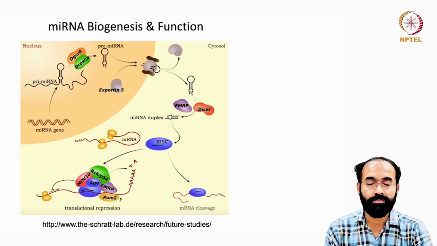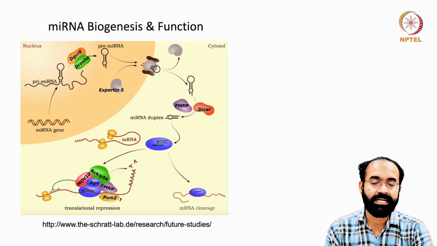In the cytoplasm, the exportin is released back because of the RAN-GTPase cycle, and this pre-microRNA is acted upon by Dicer along with another protein, FMRP, and you end up getting a microRNA duplex which is 22 nucleotides in length.